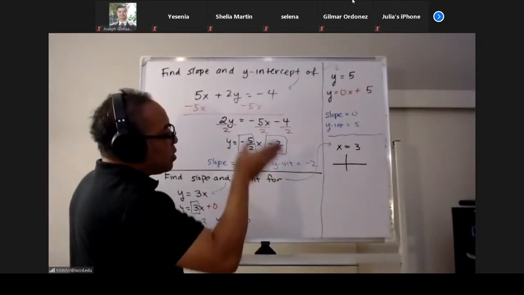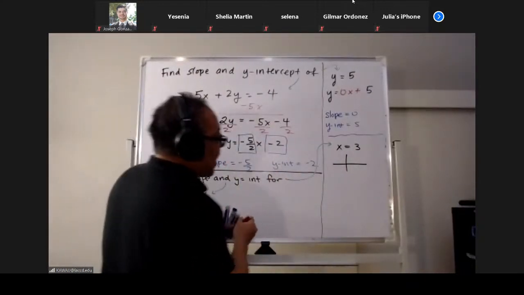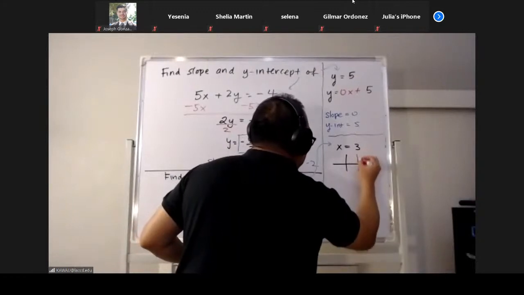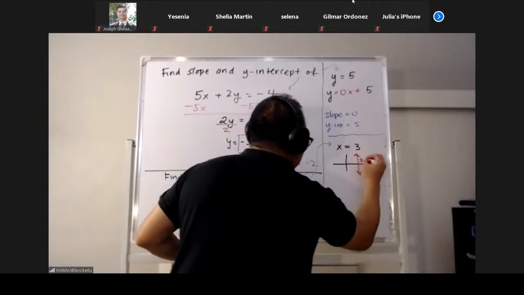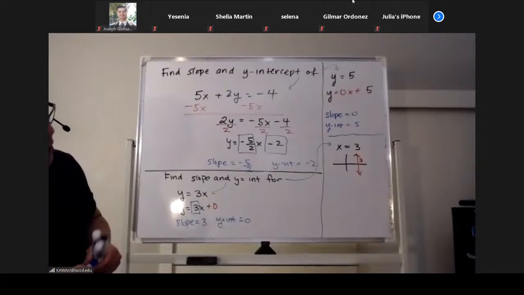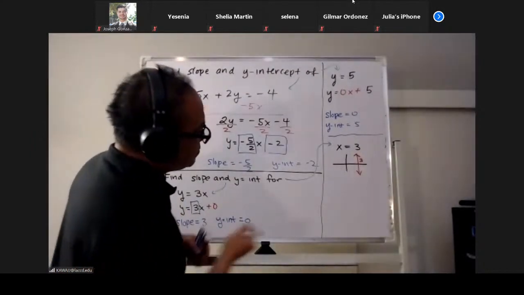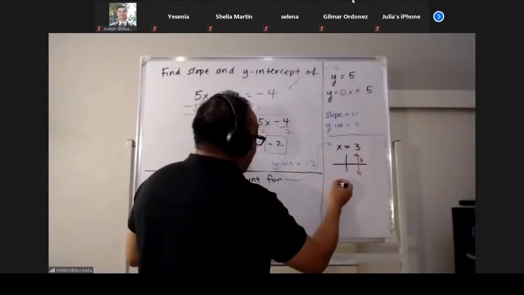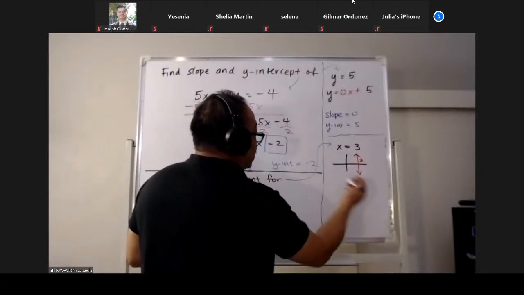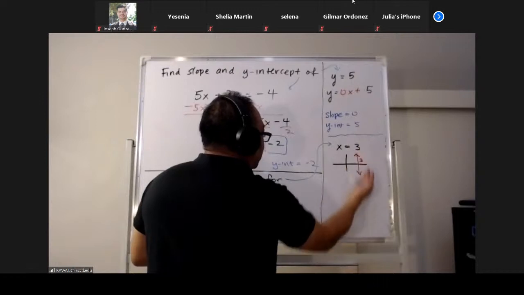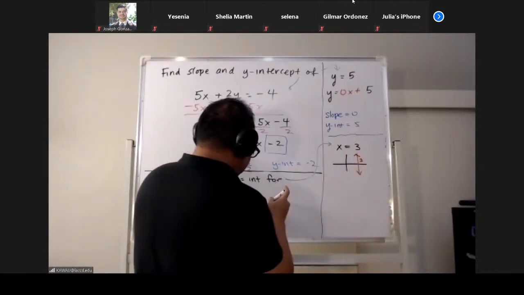Okay. So we are going through the x-axis at 3. And then we're saying, what's my slope? Well, the slope of something vertical is undefined.